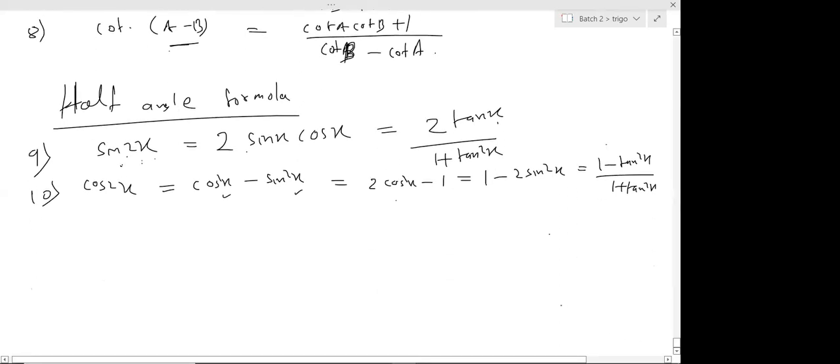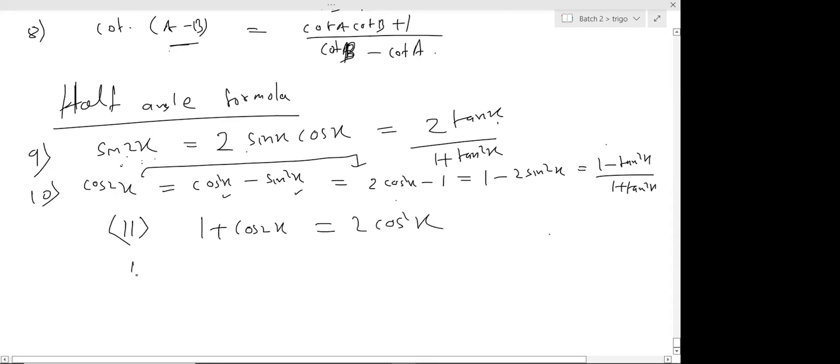All right, and from in here you get different formulas from this cos also. If you club this and this, you get 1 plus cos 2x as 2 cos square x. Very important. If you club those two, you get 1 minus cos 2x as 2 sine square x.